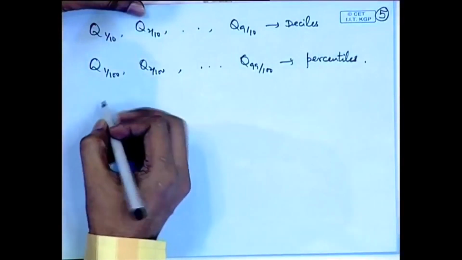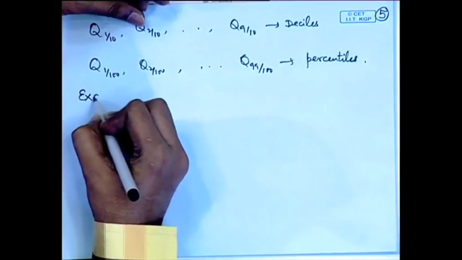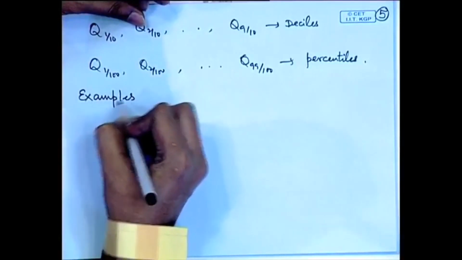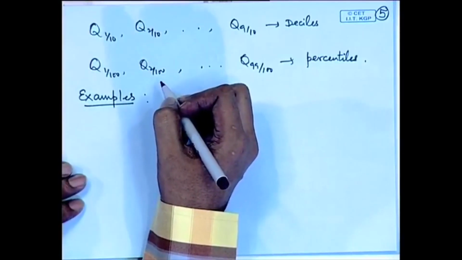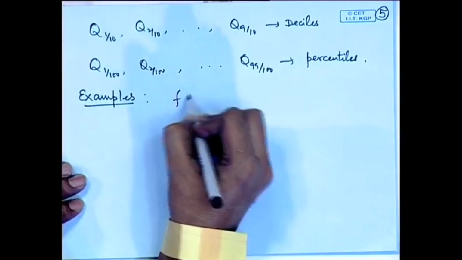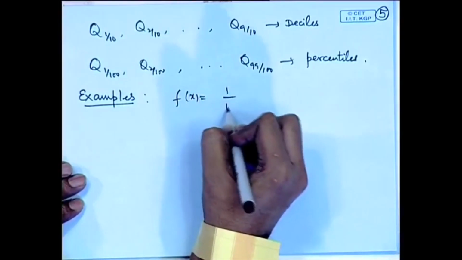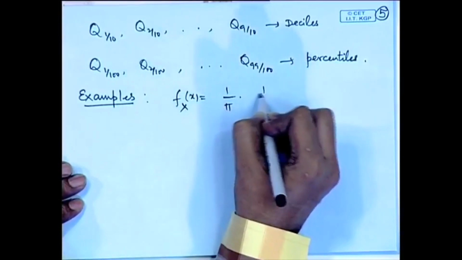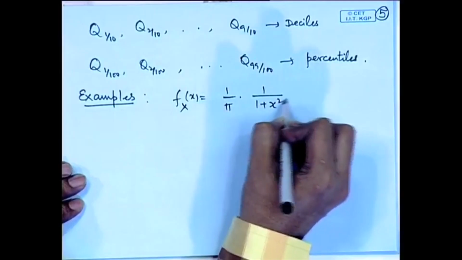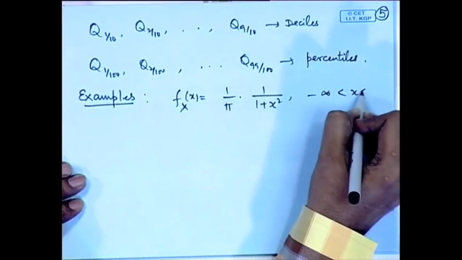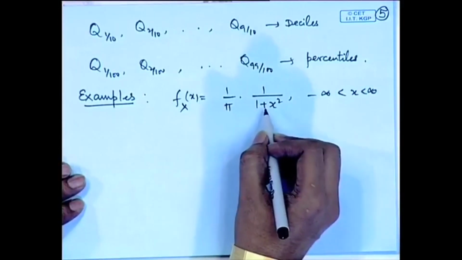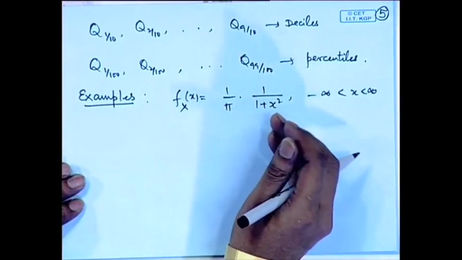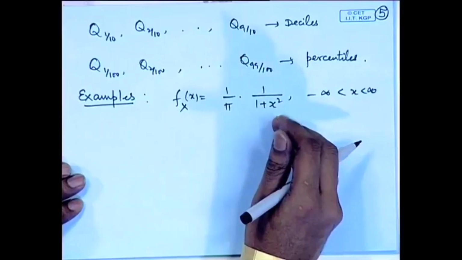Let us explain through certain examples. Let us consider f x is equal to 1 by pi, 1 by 1 plus x square, minus infinity less than x less than infinity. We have seen that for this distribution the mean does not exist. Therefore, there is no question of higher order moments also existing.